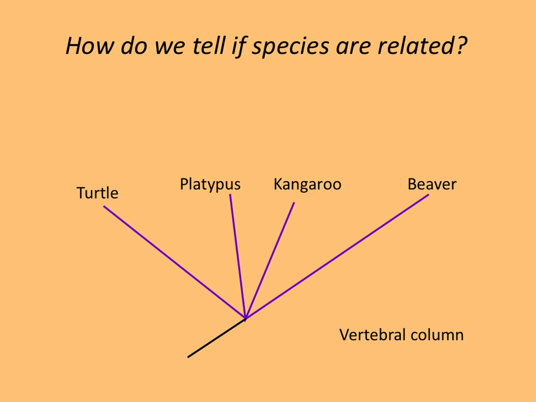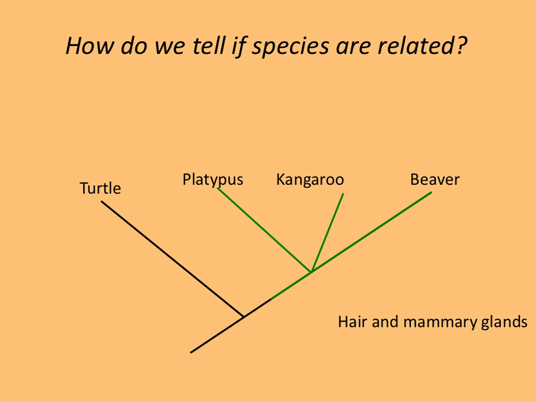So how do we tell if species are related? Well, they all have a vertebral column, so if we use that, we wouldn't really be able to tell which came first. But it turns out there are other features that we can use to order things, and that is hair and mammary glands.